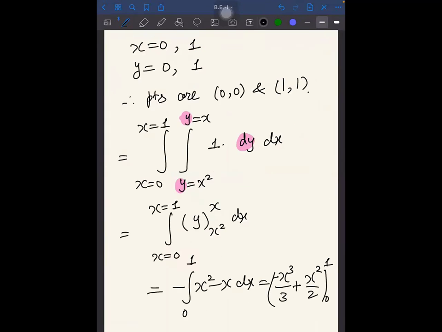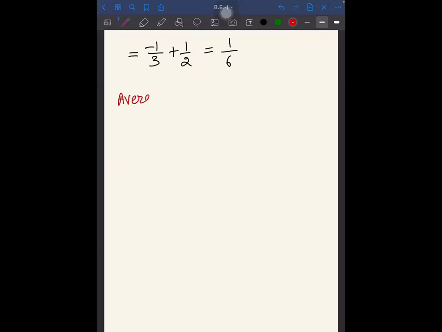So the next thing is average value. How to calculate the average value?